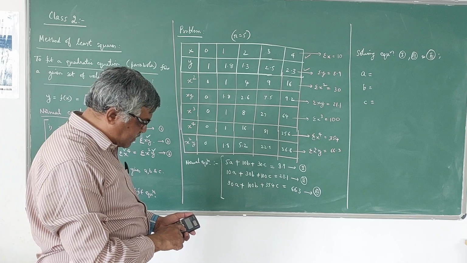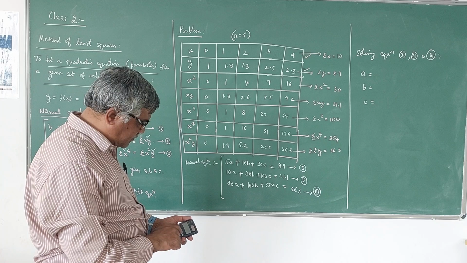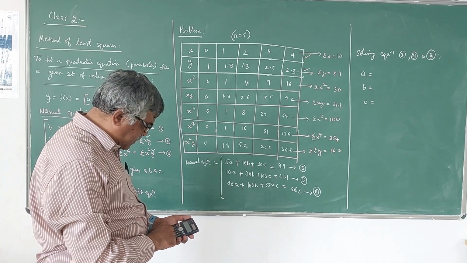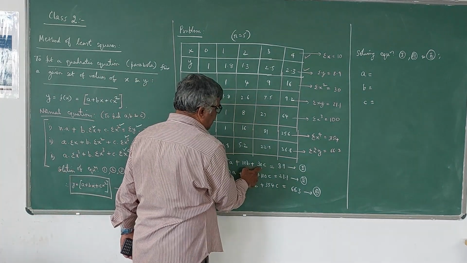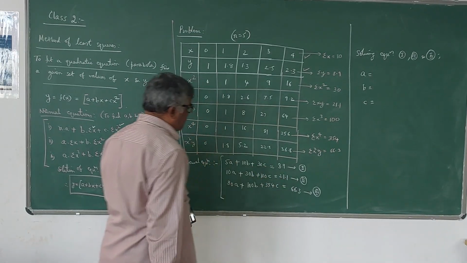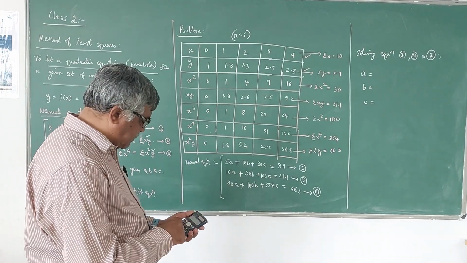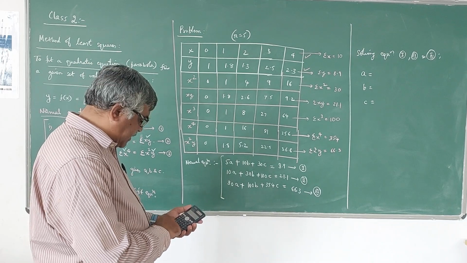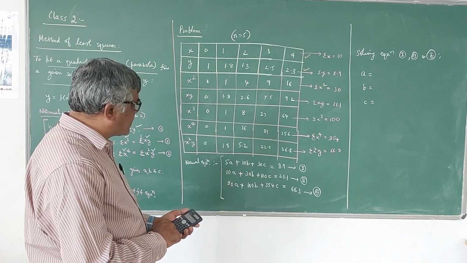So go to equation mode, then unknowns 3. It asks for A1, B1, C1, D1, A2, B2, C2, D2, A3, B3, C3, D3, and we have to give those values. A1 is 5, B1 is 10, C1 is 30, D1 is 8.9.